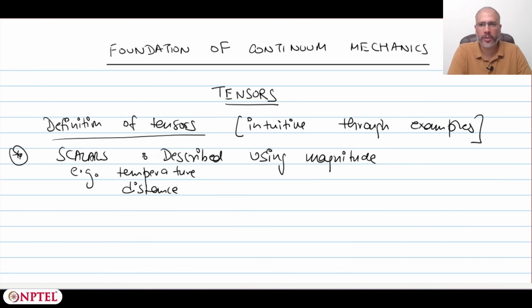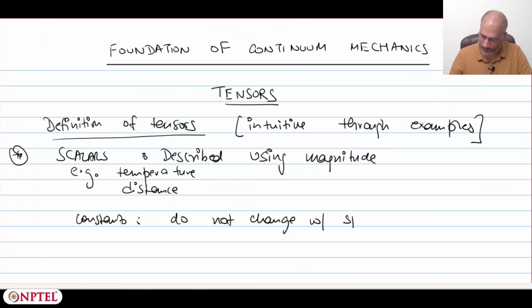Constants are quantities which do not change with space or time. Okay, so let's write it down. Constants do not change with space or time. So we should not confuse constants with scalars because scalars can actually change with space and time.